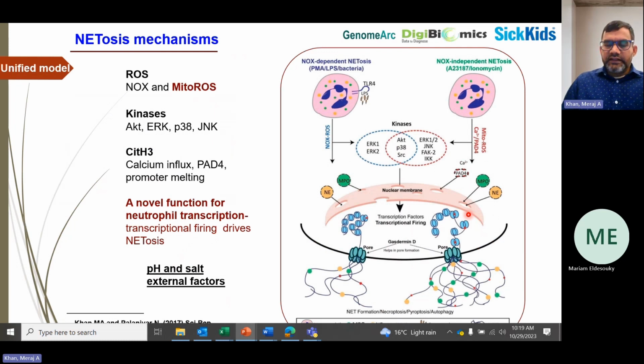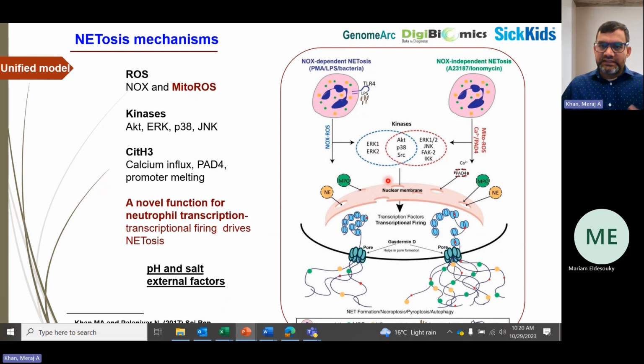Based on the previous large scale transcriptomic studies and some other studies, we formulated this mechanism. In this mechanism, we identified that NETs, or NETosis, happen in two discrete pathways: NOX dependent NETosis and NOX independent NETosis. As the name suggests, in the dependent pathway NOX ROS, reactive oxygen species, is involved, while in the independent pathway NOX ROS is not, but mitochondrial ROS and calcium influx are involved.